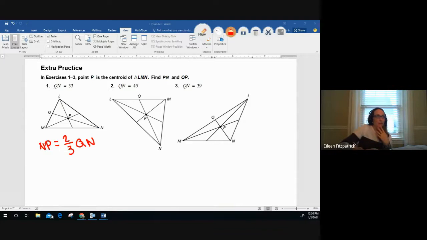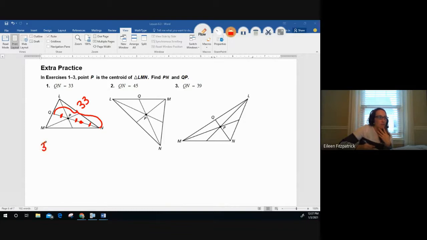The other way of doing it without writing the equation: if the entire thing is 33, I know that this is 1/3 from the centroid to the midpoint. And from N to P, I'm going to break it in by putting another dot. I'm going to break it into 2 little segments so that all 3 segments are congruent. 1/3, 1/3, 1/3.